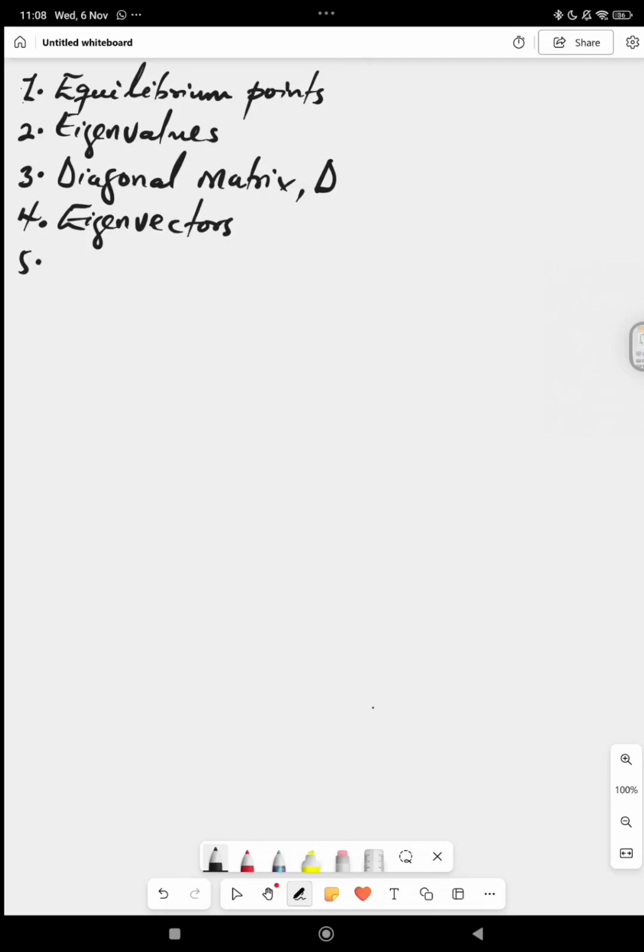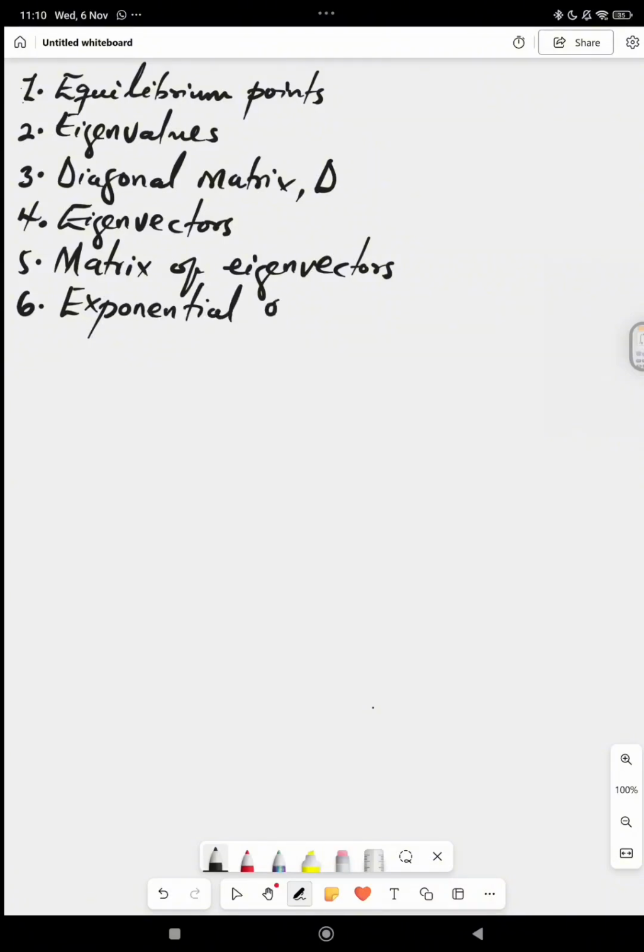Our fifth step is to find our matrix of eigenvectors. And the sixth one to find is the exponential of the diagonal matrix.